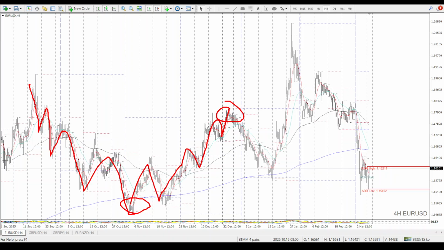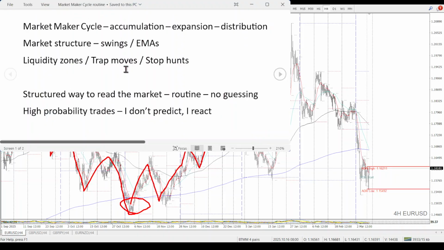And all this gives me a kind of structure because I need a structured way to read the market. So I can create a daily routine or a weekly routine to enter high probability trades. So there is no guessing for me. I don't come in front of the computer in the morning and guess which way the market is going to go.